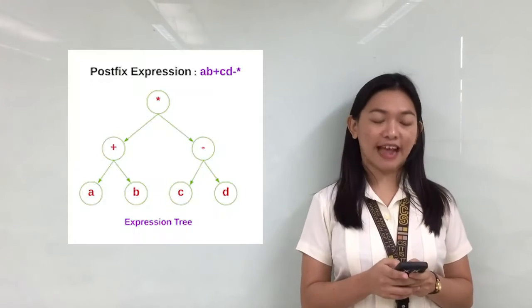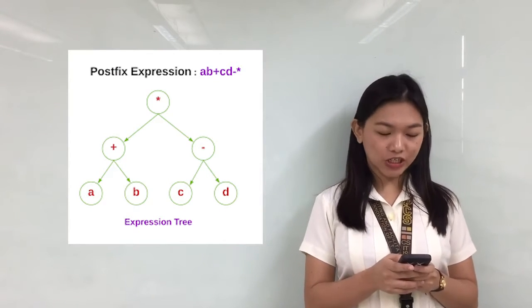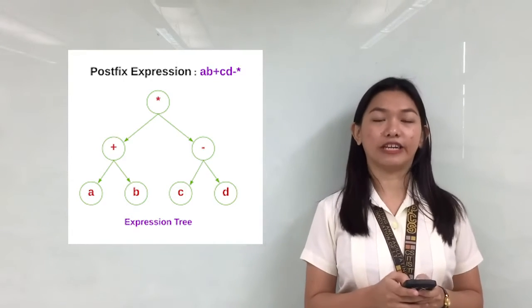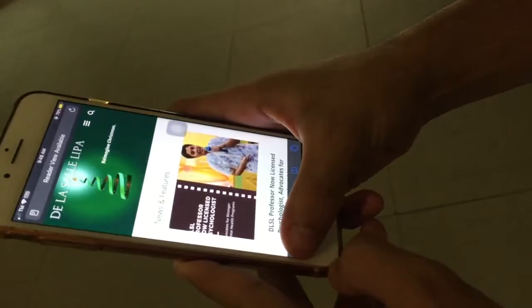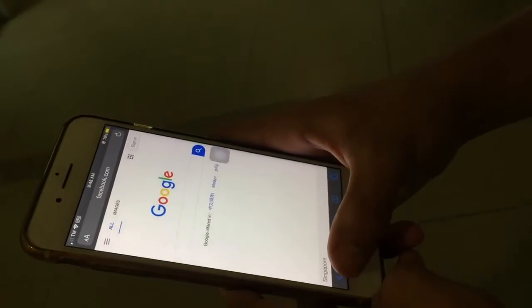Expression trees using stacks. An expression tree is a binary tree in which the root nodes are operators and the leaves are the operands. What are the real-life applications of the stack data structure? Number 1. Browser back button. Second, pile of plates.